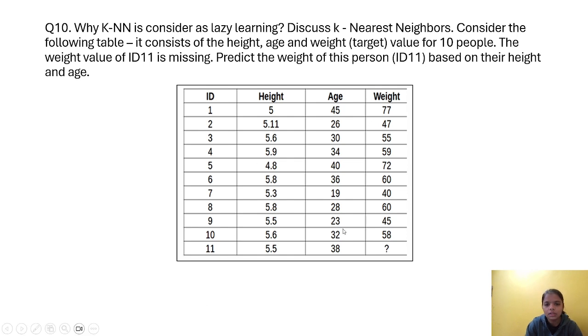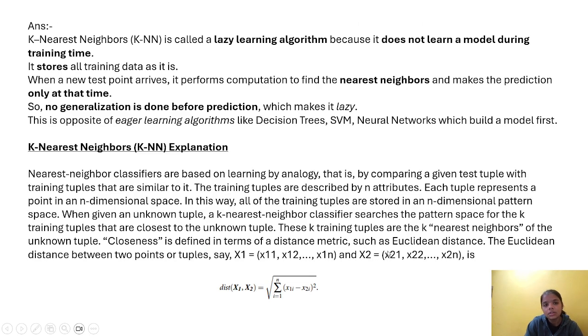As you can see here, the given data where ID 11 weight is missing. To calculate this missing value, we will use the KNN algorithm. The K nearest neighbor, KNN, is called a lazy learning algorithm because it does not learn a model during training time.